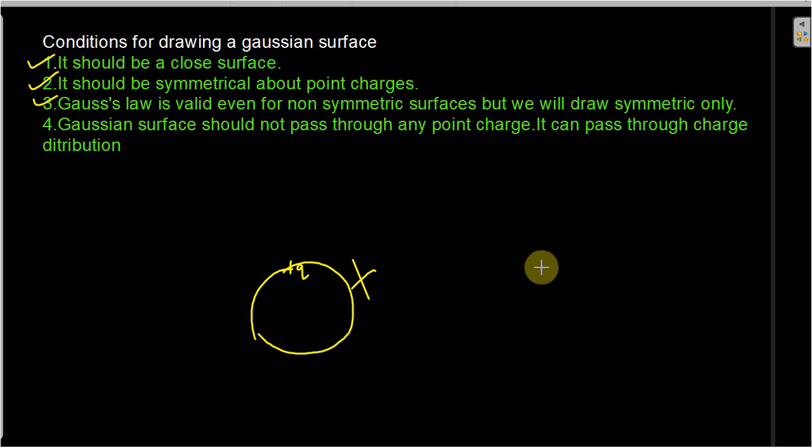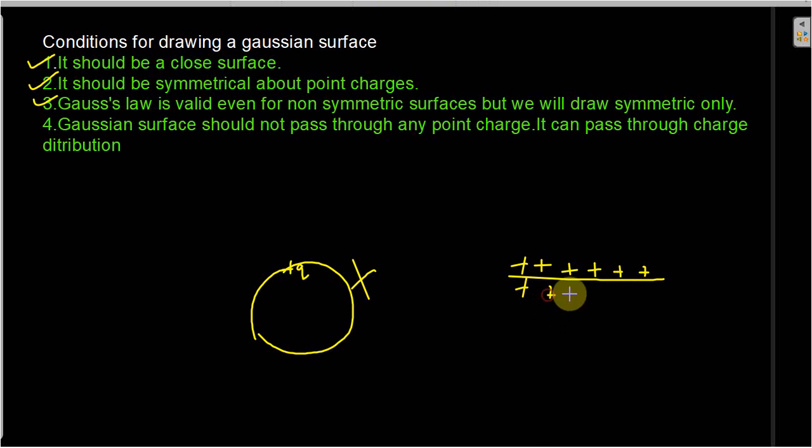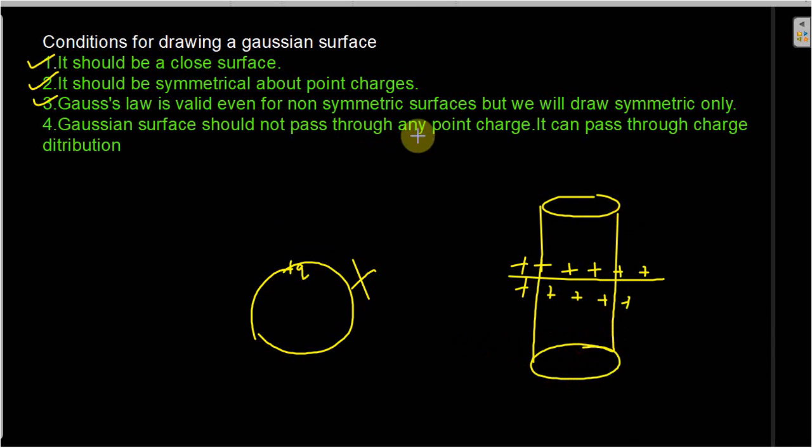But if a uniform distribution of charge is there, like you have one rod and you want to draw a Gaussian surface, at that time you can draw the Gaussian surface through this charge distribution. Like if you want to draw a cylinder, you can draw the cylinder through this charge distribution, but you cannot pass the Gaussian surface through any point charge. So these are the conditions of the Gaussian surface.